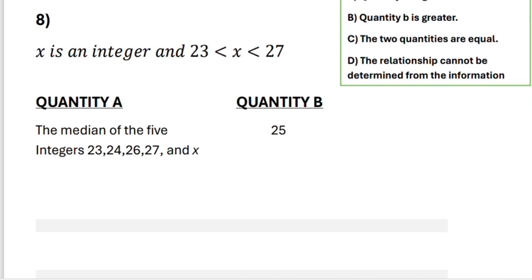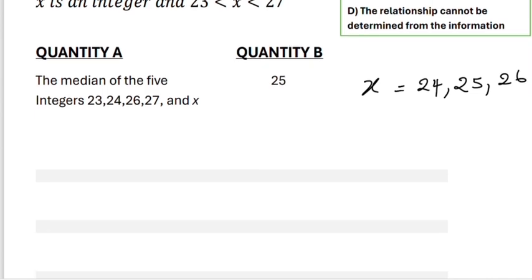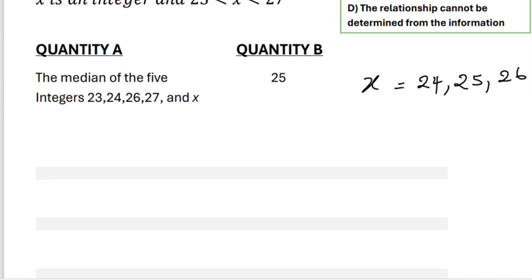For this question, we are given that x is an integer and it is less than 27 but greater than 23. That simply means that the possible values of x are going to be 24, 25 and 26. All right, so point A is the median of the 5 integers 23, 24, 26, 27 and x.